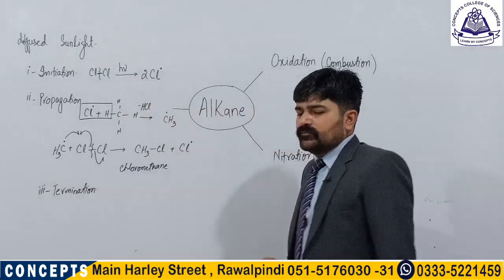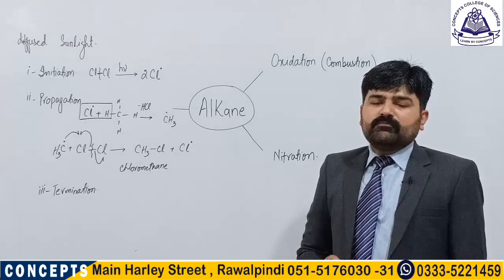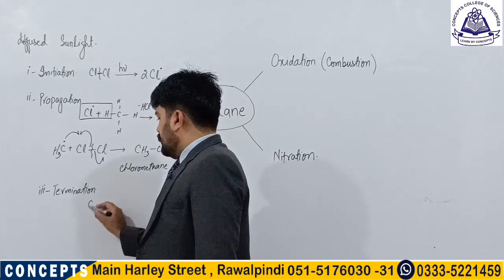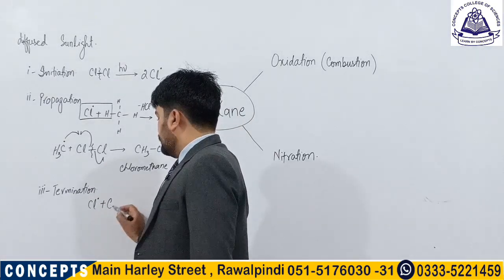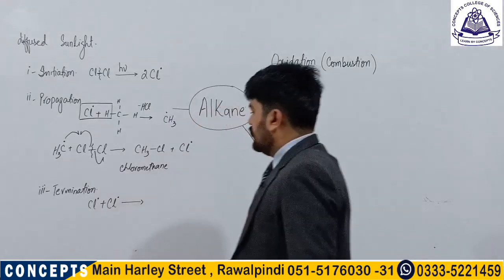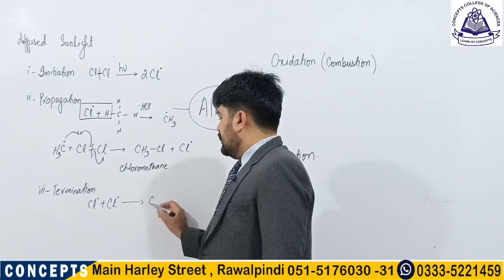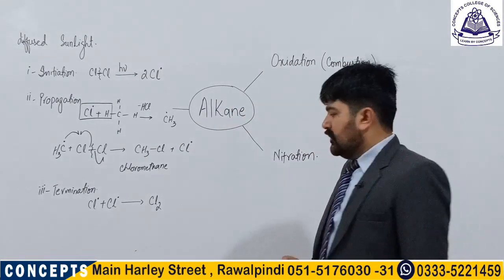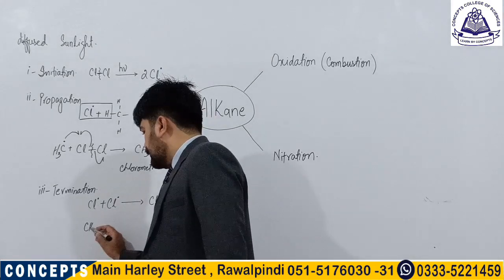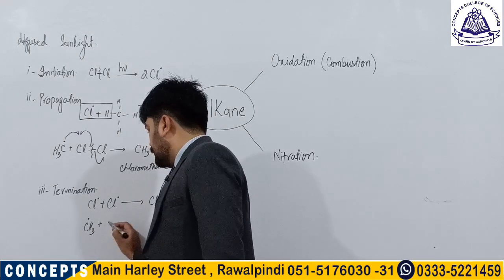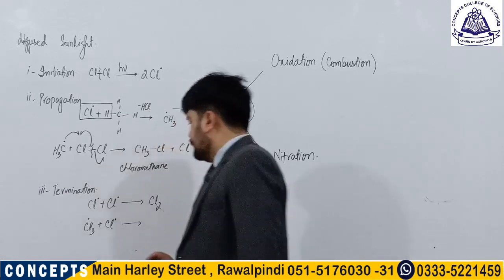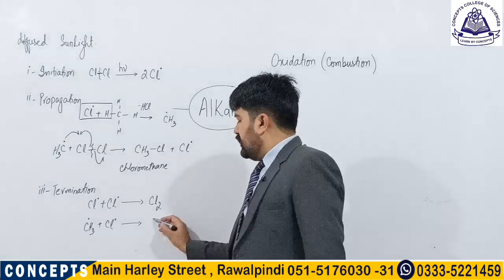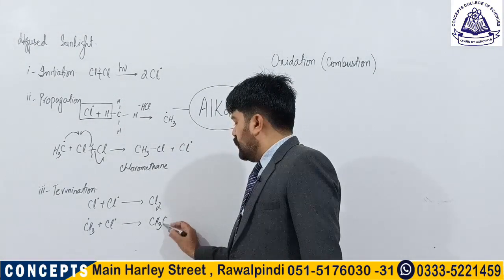In termination, all the remaining free radicals combine with each other and they produce the final result. Scientists have observed that the remaining chlorine free radicals combine to form chlorine molecules again. There are chances that a chlorine free radical may react with the methyl free radical and result in the formation of chloromethane.